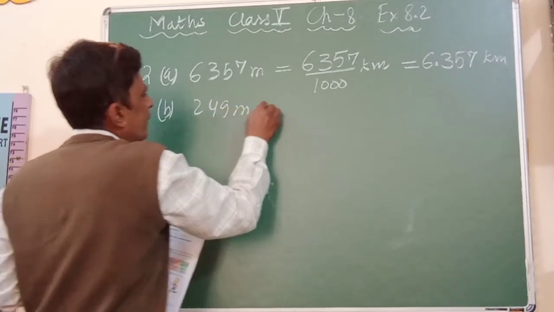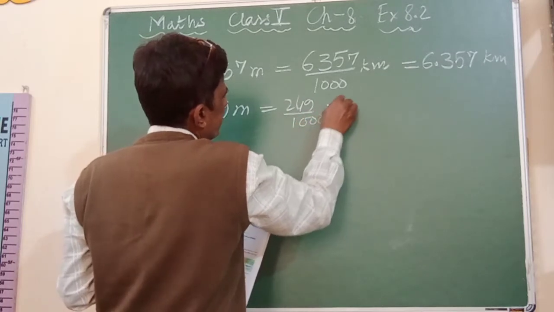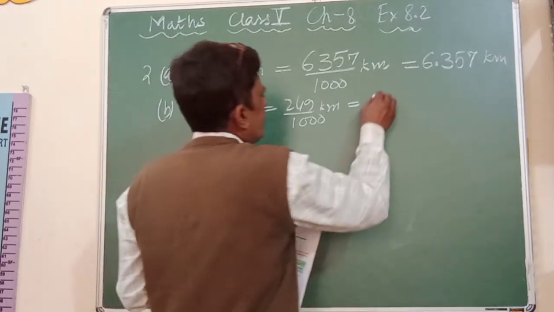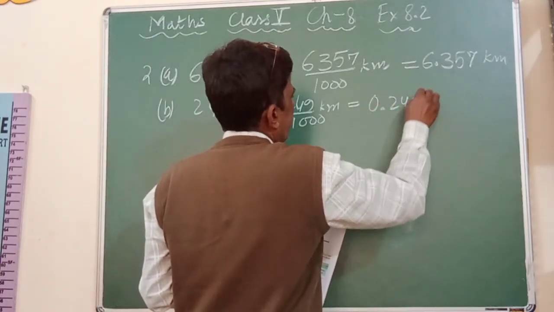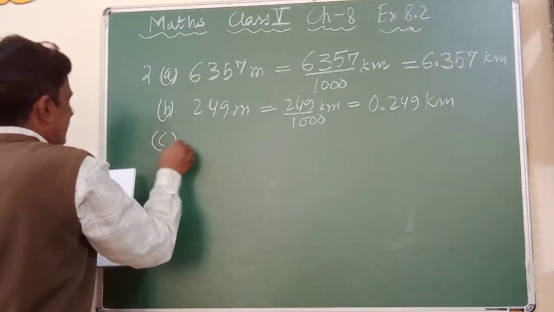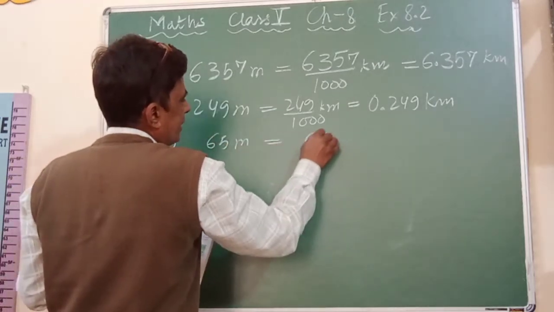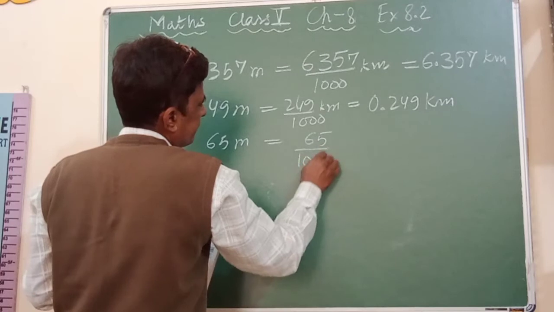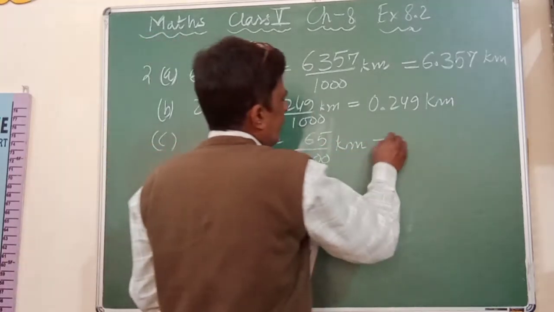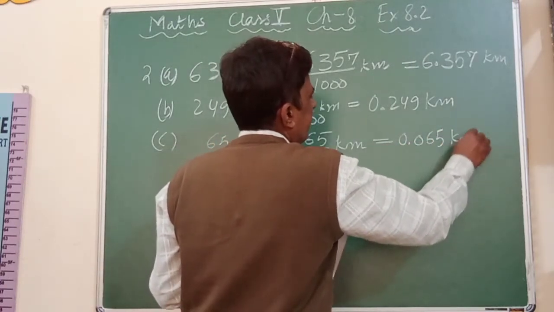The next part, b, is 249 meter is equal to 249 upon 1000. The unit will be kilometer, which is equal to 0.249 kilometer. C, 65 meter is equal to 65 upon 1000 kilometer is equal to 0.065 kilometer.